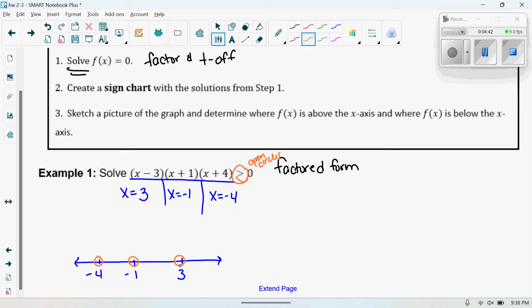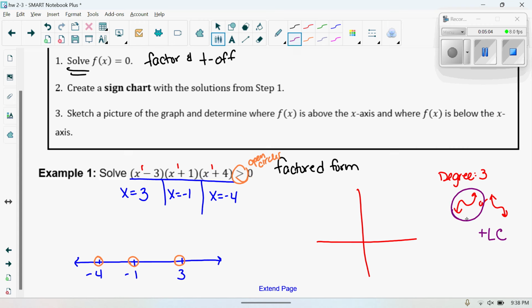Now I'm going to sketch my picture of my graph. So my polynomial graph, I have a degree 1, 2, 3. So I have a degree 3, which means it is going to have opposite arrows. And I have a positive leading coefficient, so my right arrow has to point up because I have a 1x, a 1x, and a 1x.